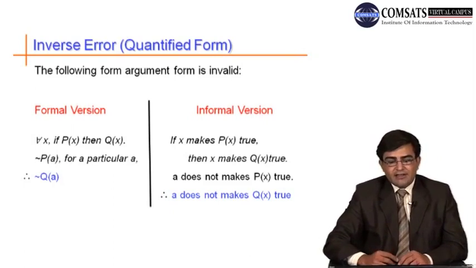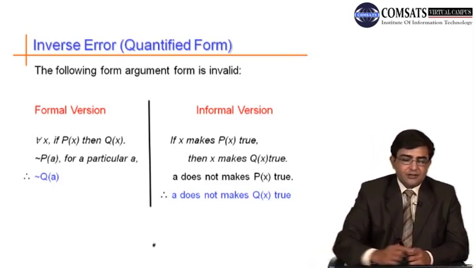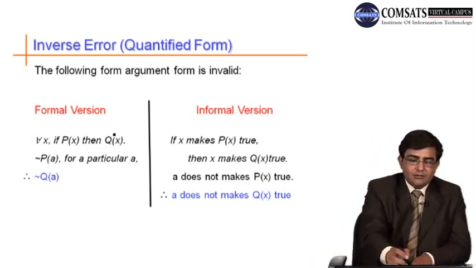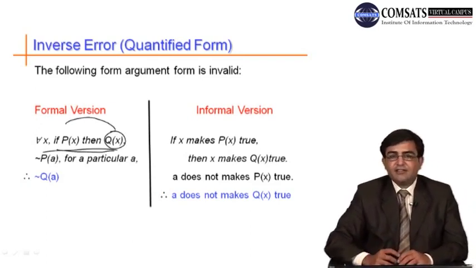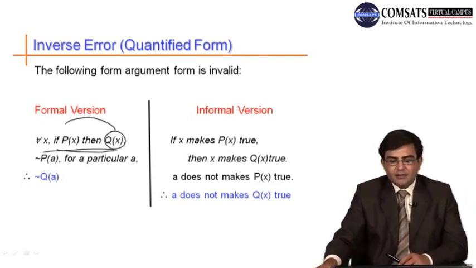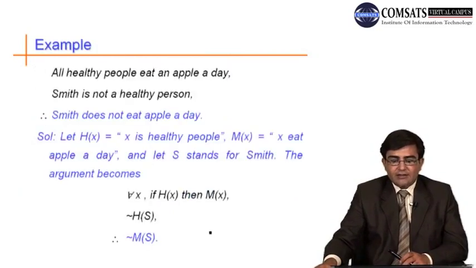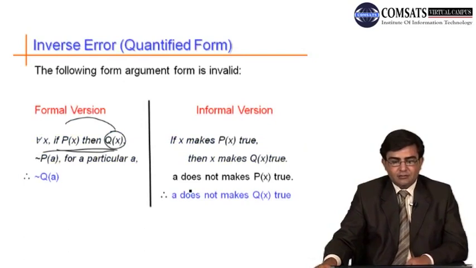So this is basically the inverse error. We should have taken the inverse of this universal conditional statement. If we take the inverse of this statement, this becomes the universal modus ponens, I think. Then this statement will be true.